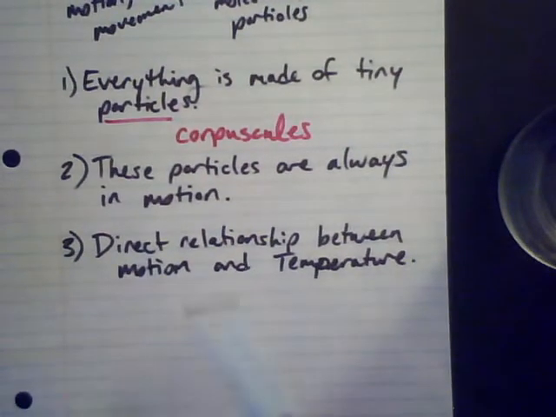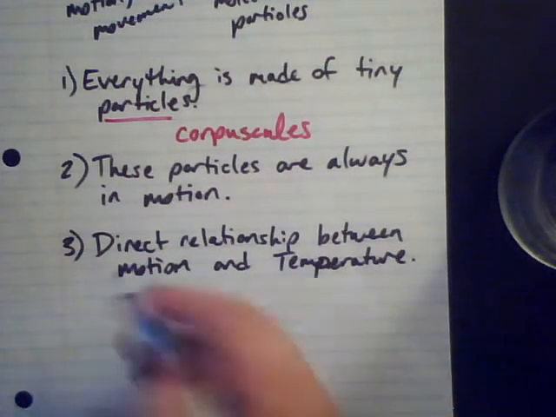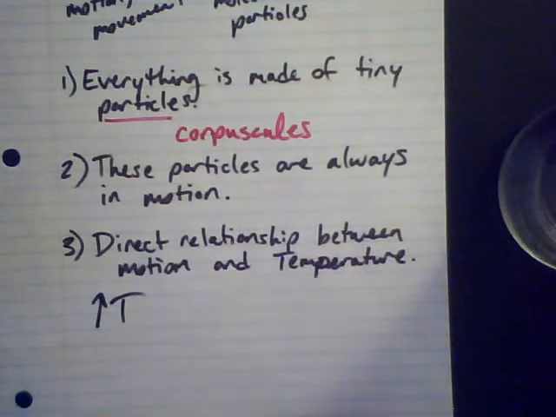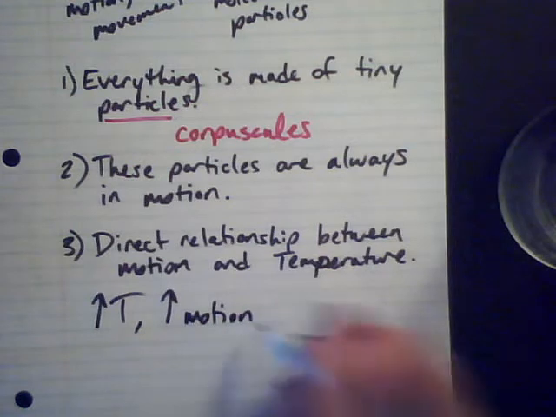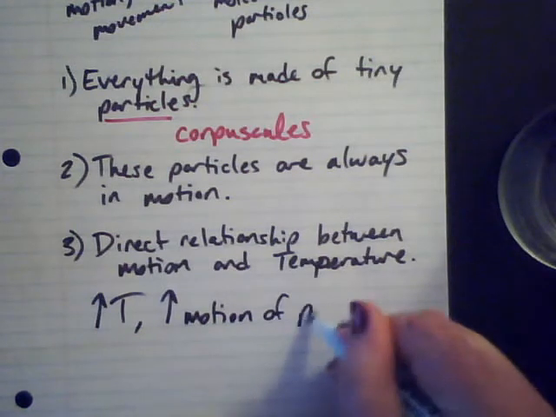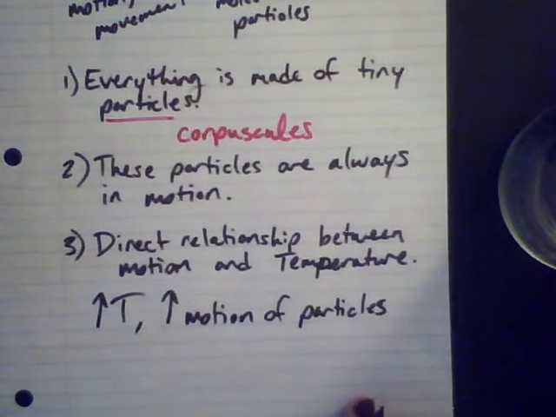So a direct relationship means that if you change one thing about a system, so for instance, if I increase the temperature, I'm just going to put T for temperature there, then whatever it is that I'm comparing in that system, whatever other characteristic I'm looking at, if it also goes up, then that's a direct relationship. So when I increase the temperature, I increase the motion or the speed of the particles. And that's a direct relationship.